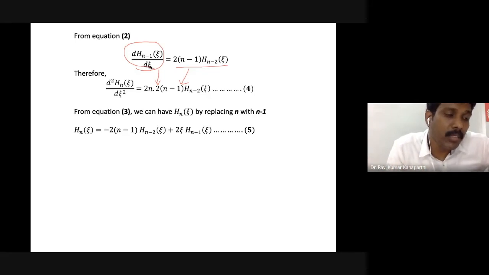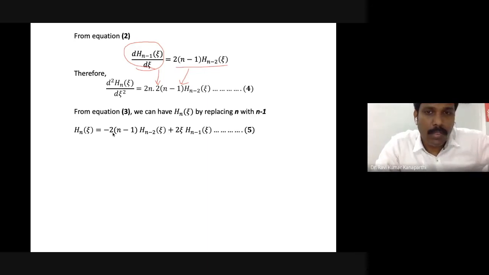Then I can just replace n with n minus 1. So if I replace in expression number 3, n equal to n minus 1, I get this relation: Hn of z is equal to minus 2 (n minus 1) Hn minus 2 of z plus 2z Hn minus 1 of z. So that is what I will be getting.